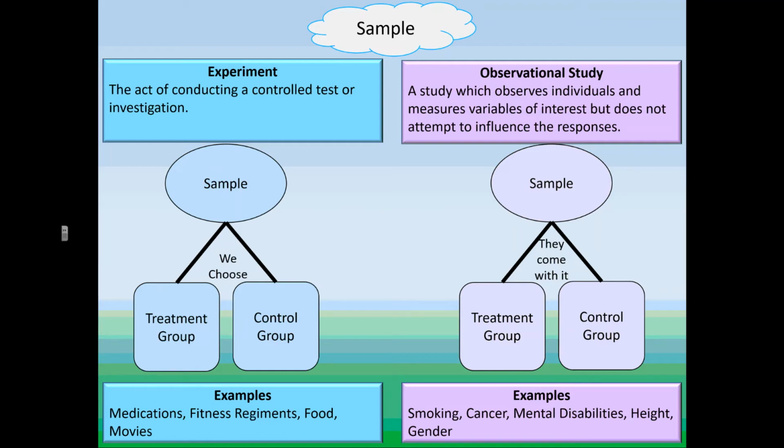We can't force people to smoke. I can't gather a sample and say, okay, you guys gotta go smoke this stuff. You guys, you aren't allowed to smoke at all. It's not, I guess, morally okay to force people to smoke. So all we can do is sit and wait and see if smokers die before non-smokers. That's what an observational study is.